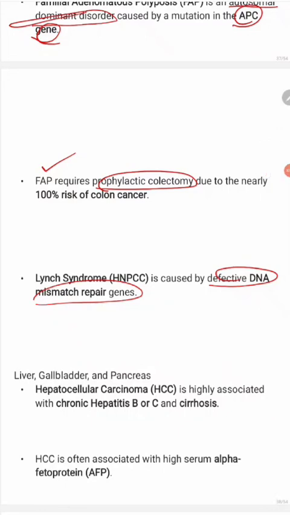In Lynch syndrome, there is colorectal cancer risk and endometrial or uterine cancer risk. There are also other related risks, but these are the two most important.